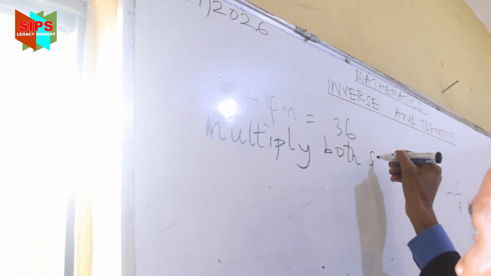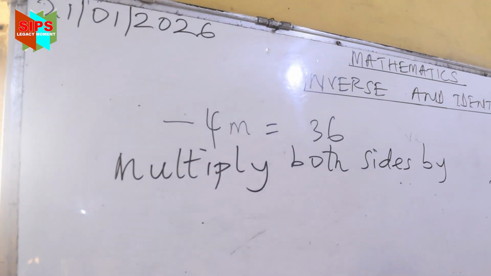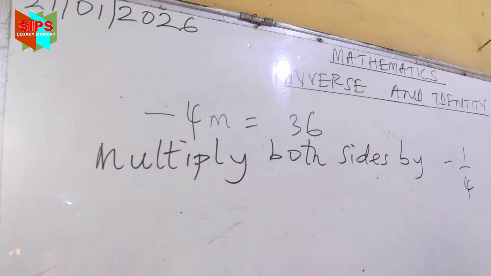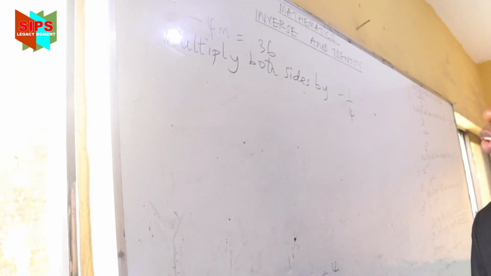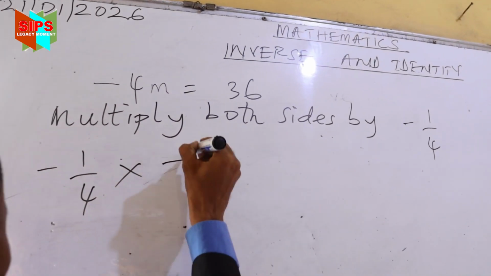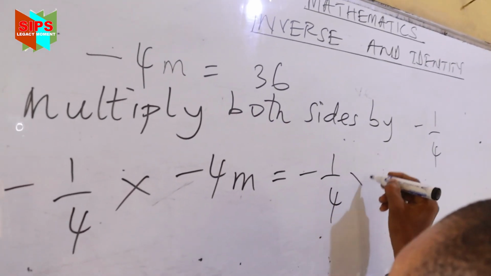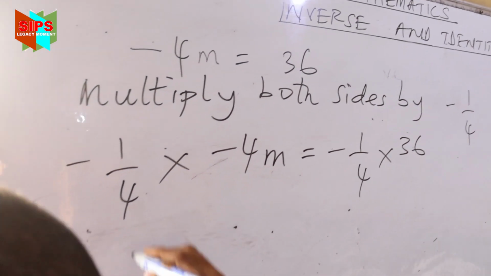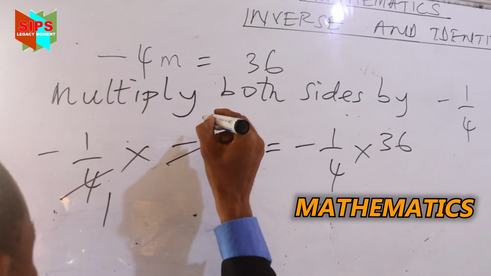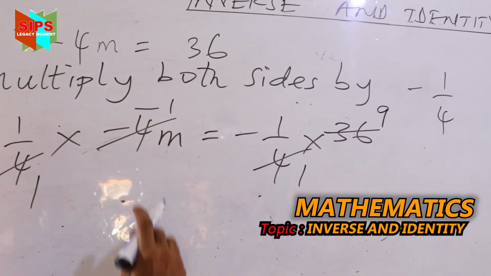So we can now multiply both sides by minus 1 all over 4. Very good. So minus 1 all over 4 times minus 4m is equal to minus 1 all over 4 times 36. 4 here 1, 4 into minus 4, I'm going to get minus 1. 4 here 1, 4 here 9.